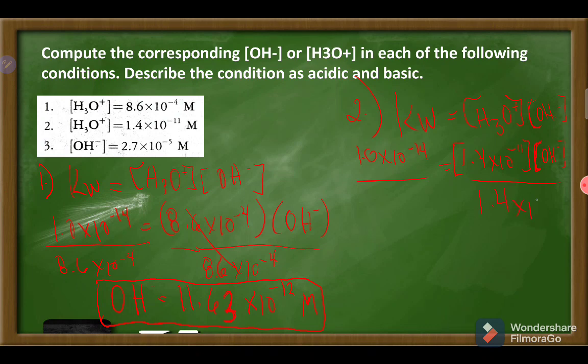1.4 times 10 raised to negative 11. So the value now of OH is 0.000714, or in scientific notation we can have 7.14 times 10 raised to negative 4.